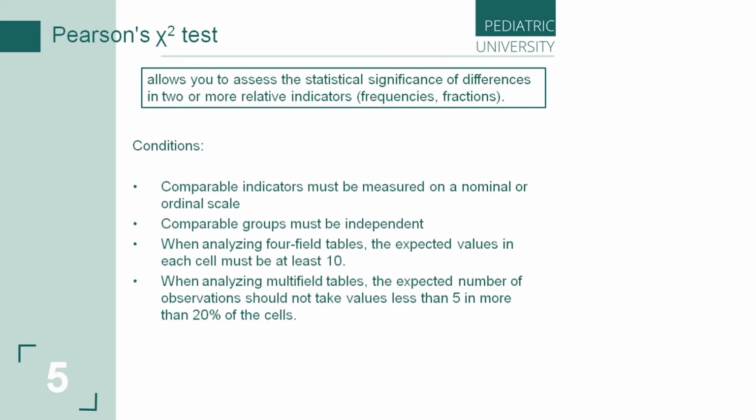It allows us to evaluate the statistical significance of differences between 2 or more relative measures, maybe frequencies, maybe fractions. Its advantage is that it can work not only with 2 samples, but also when we have several indicators.